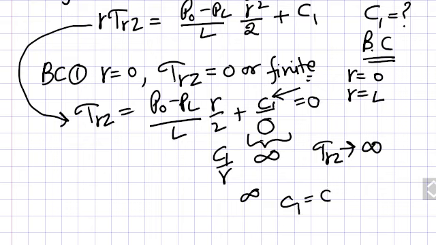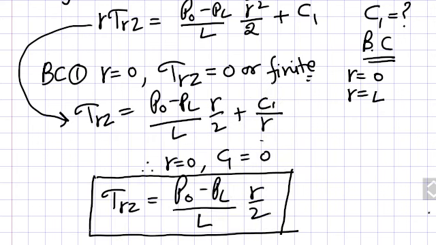This term does not exist, otherwise it will make things infinite. So we got this formula, because it fulfills the condition. When you put r is equal to 0, it will become 0. There is no question of it being infinite.